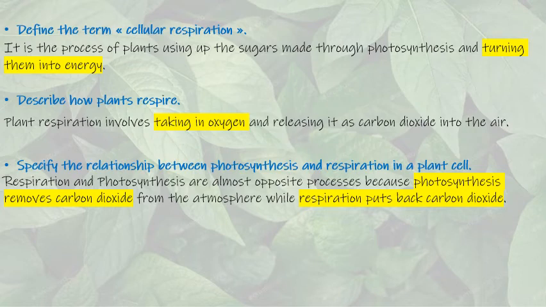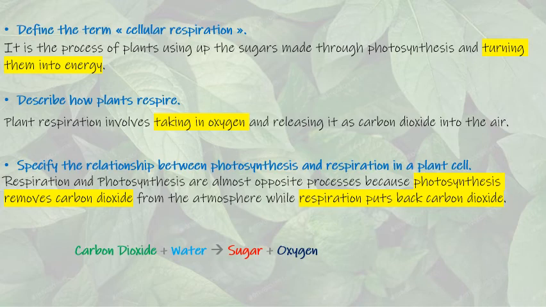Let's see their equations. So this is what happens during photosynthesis. Plants take in carbon dioxide from the air through their stomata. They absorb water using their roots from the soil. They use the sunlight energy to mix these two components, and they produce sugar and oxygen, right?